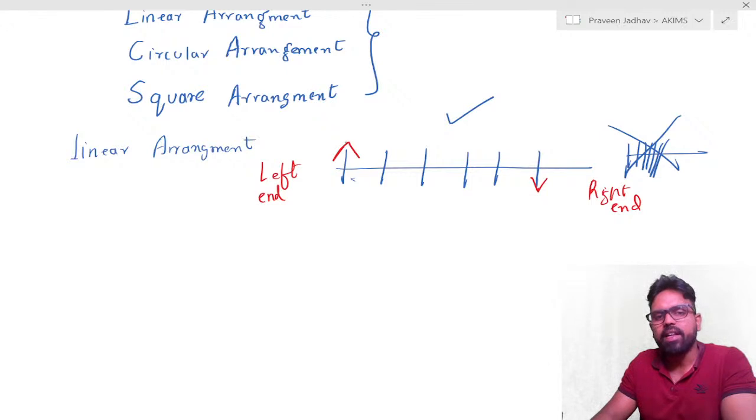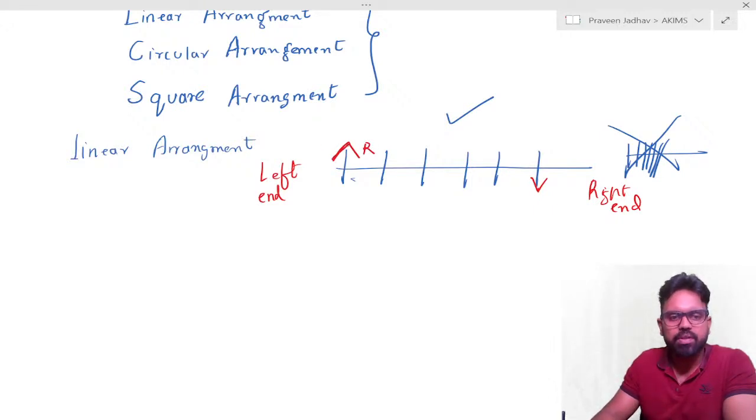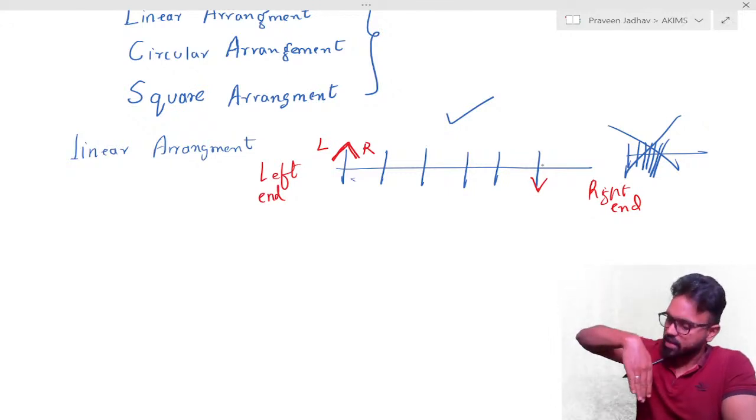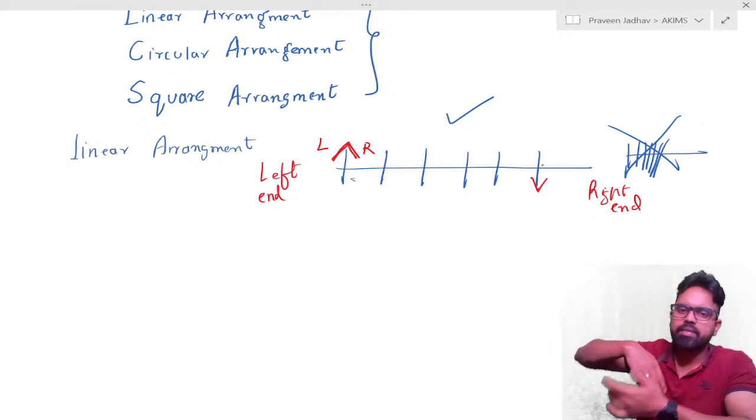If he says so, then what will happen? For the person who is facing north, right is this, left is this. Do you remember our right hand rule? Everyone in the class, you remember the right hand rule? This will be right, this will be left. Similarly, what happens if the person is facing south? Which will be right? This will be right, this will be left.